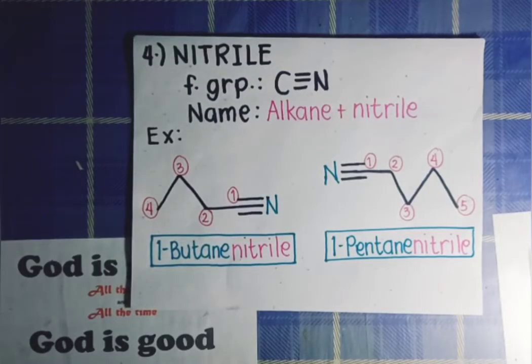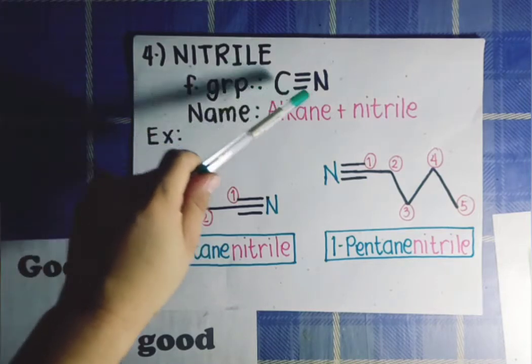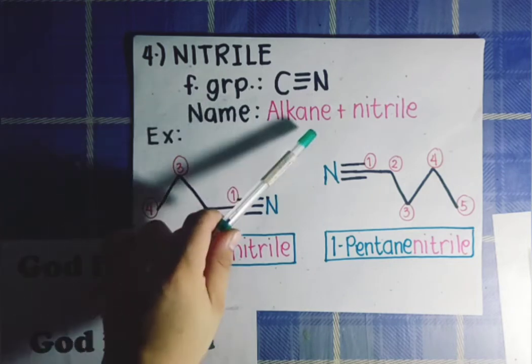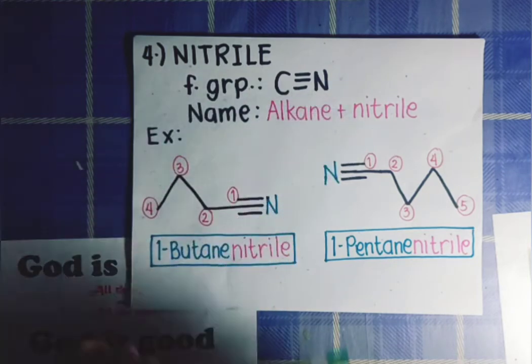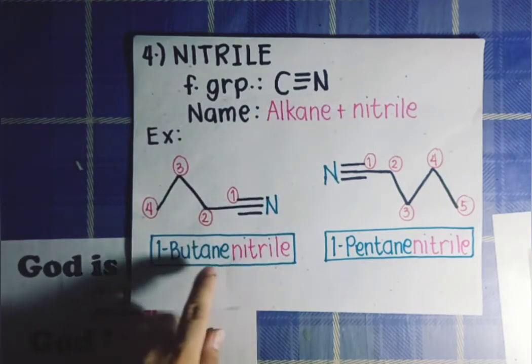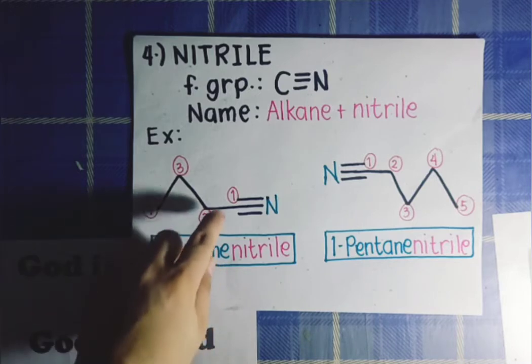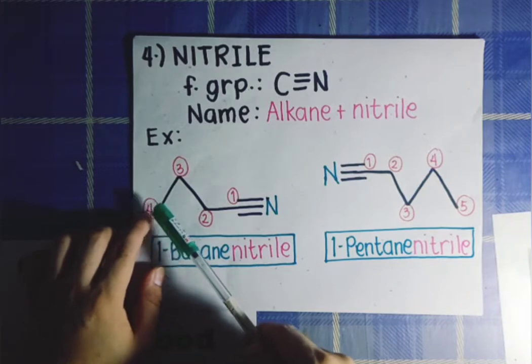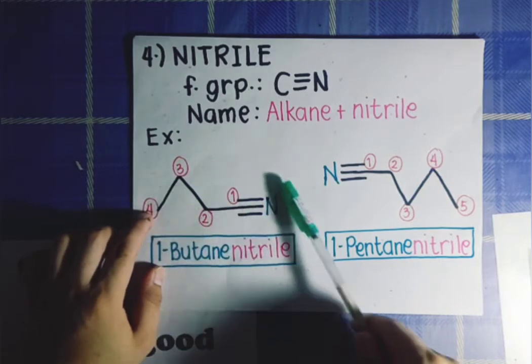Next one is nitrile. Nitriles are primarily used in the production of chemical explosives like dynamite. The functional group of nitrile is C-triple-bond-N, and its name follows the format alkane plus nitrile. For example, we have here 1-butane nitrile, and our carbon number 1 is located here, not here, because this terminal side is actually the farthest side from our nitrile group.